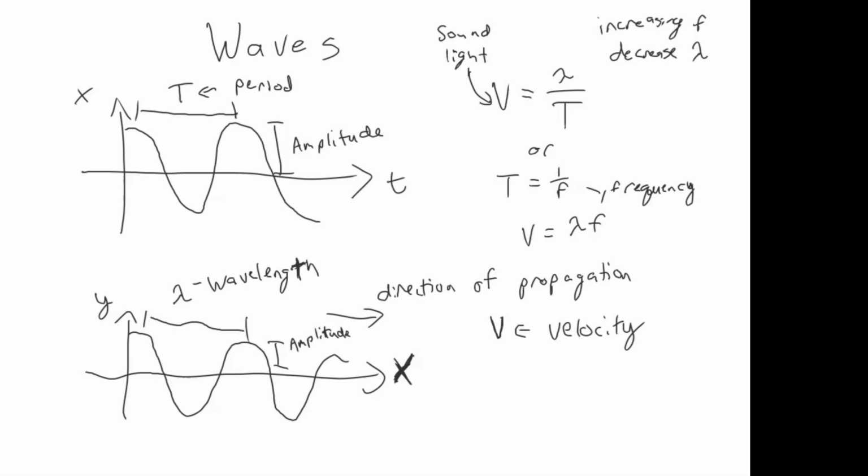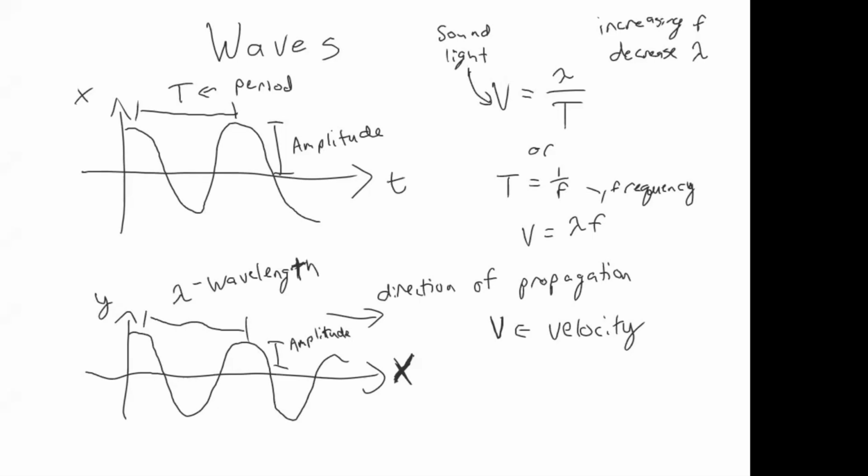the speed of sound and the speed of light are determined by whatever medium they're traveling through. So the speed of light in a vacuum is 3 times 10 to the 8 meters per second. But the speed of light in air or in water is different than that. And then for sound, sound can't propagate in a vacuum like light can, but sound can propagate in air or water, or it can also propagate through solid materials, which is something that light can't always do.